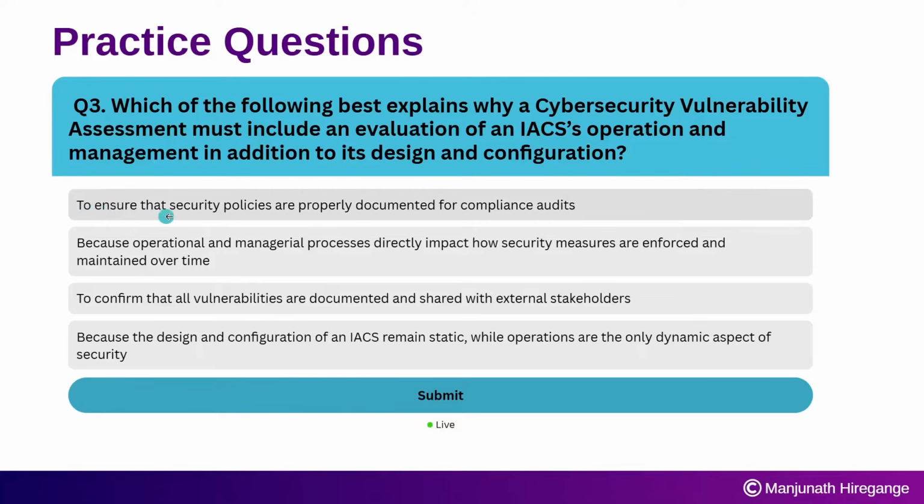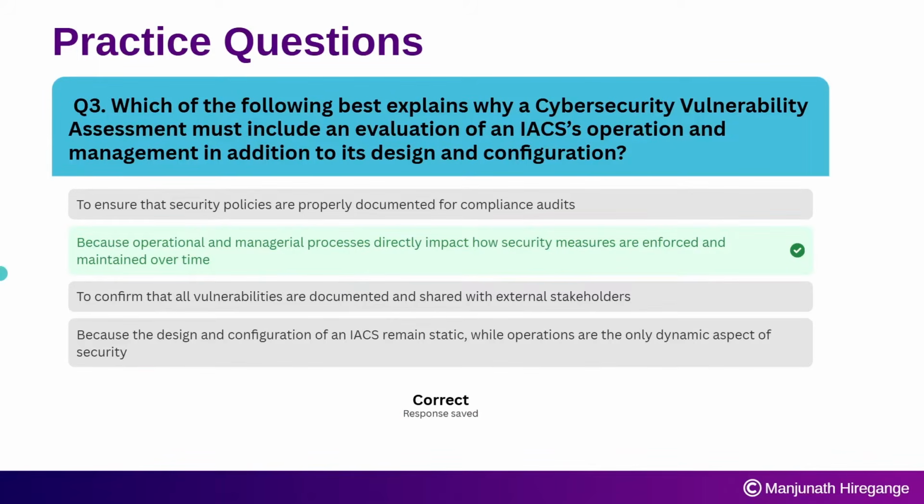Your options are: to ensure that security policies are properly documented for compliance audits; because operational and managerial processes directly impact how security measures are enforced and maintained over time; to confirm that all vulnerabilities are documented and shared with external stakeholders; and because the design and configuration of an IACS remains static while operations are the only dynamic aspects of security. So the key is "in addition to its design and configuration." So hence the correct answer is B.